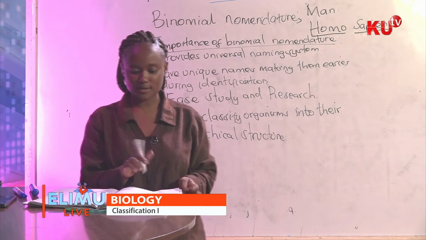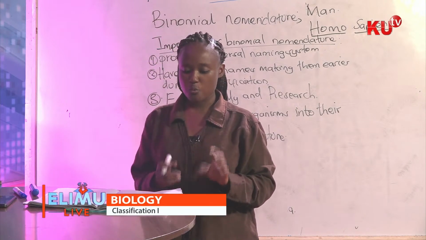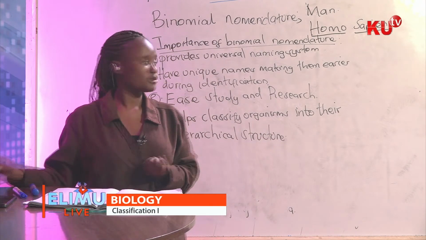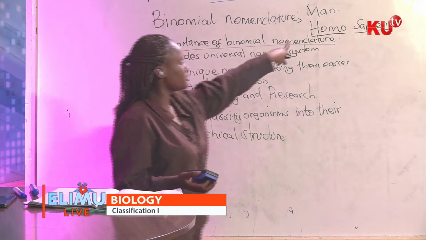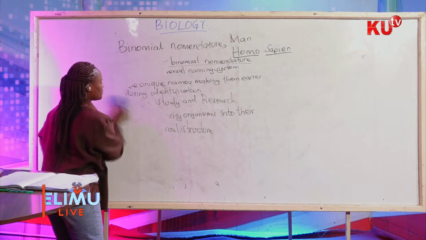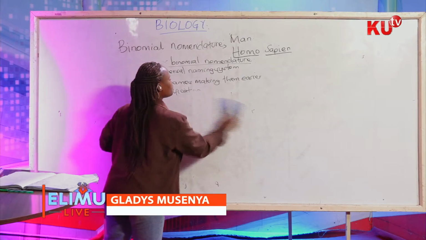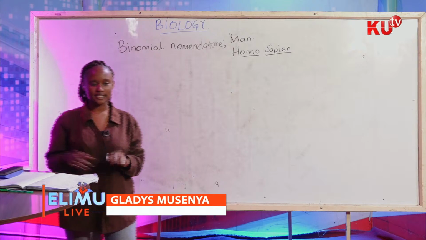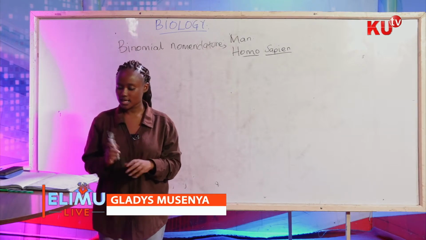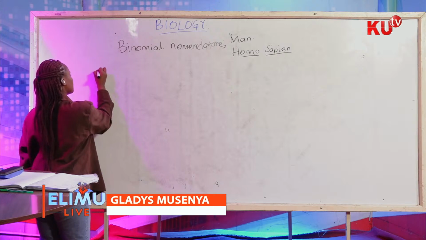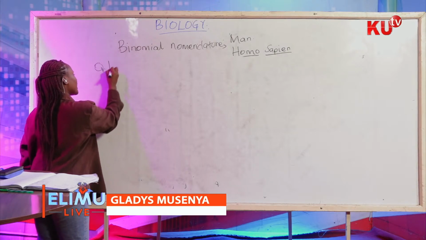Now, we have some questions here. Why is it supposed to be underlined? I had given you the example of Homo sapien. So we have this question of why they are underlined. Why should we underline the words and the names?